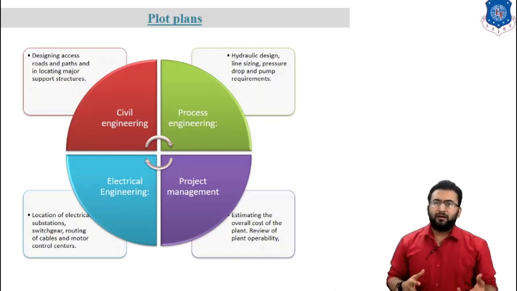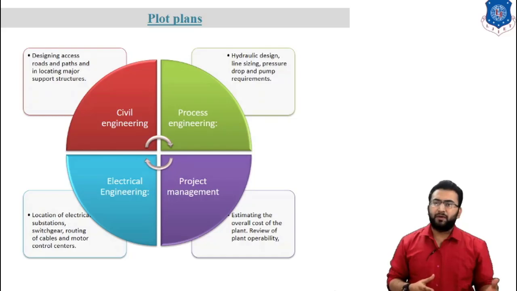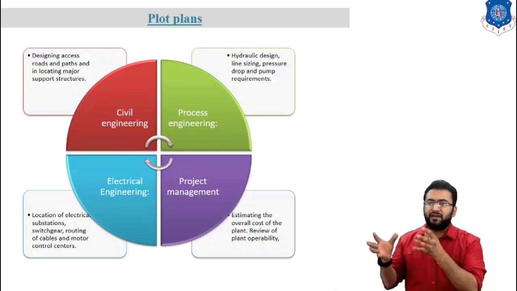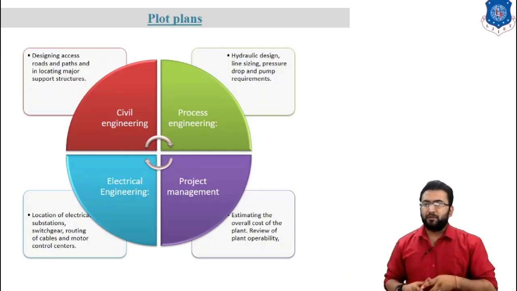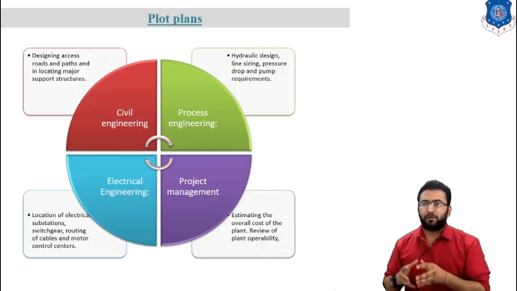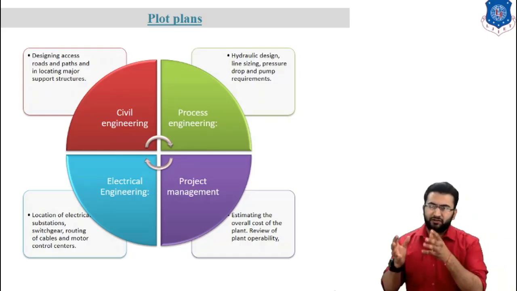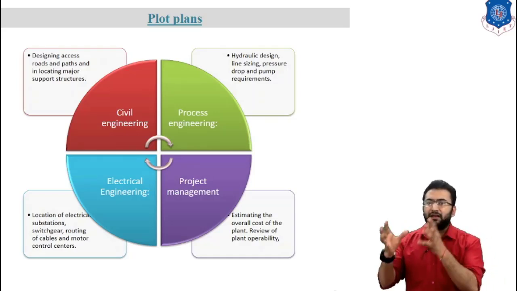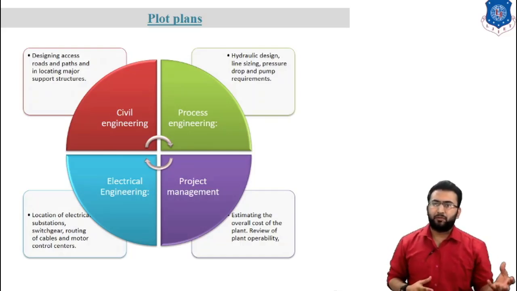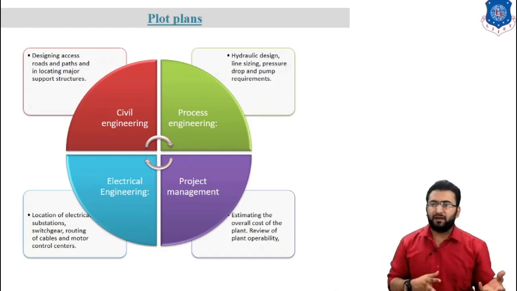The use of plot plans by different disciplines: for piping layout, the chemical or process engineer requires it. Civil engineers use it for designing access roads and paths and locating major support structures. Electrical engineers use it for the location of electrical substations, switchgear, routing of cables, motor control and so on. Instrumentation and control engineers use it for the location of the main control house, analyzer house and cable trays, while the process engineer requires it for hydraulic design, line sizing, pressure drop and pump requirements.